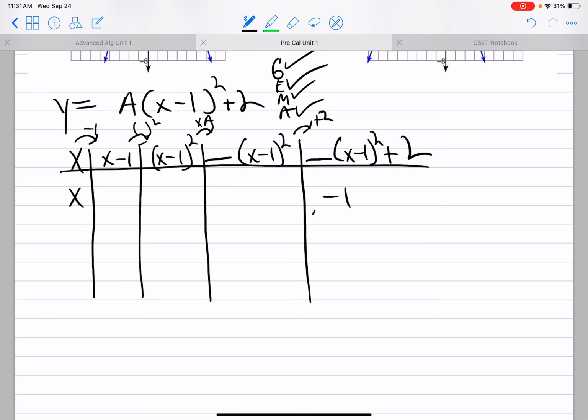So I could go backwards from here. -1, this says +2. So if I'm going backwards, I'm going to do a -2. So that becomes -3. And I put an x in for that. My bad, y'all. This should say 4, right? So I could do 4 - 1 is 3. 3 squared is 9, okay?